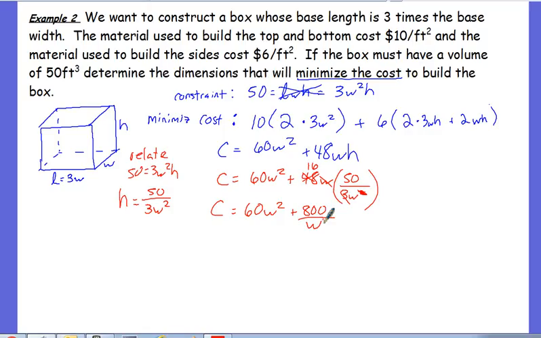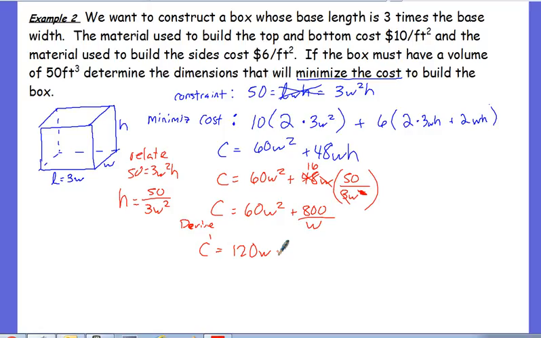Now what? Now derive. So what is my C prime? 120W. And then, ooh, how do I derive that? So think of this.